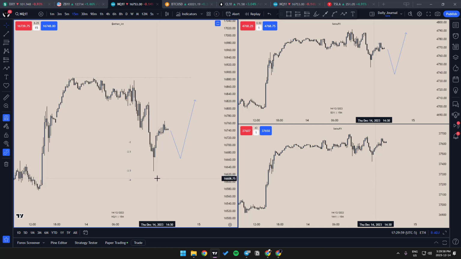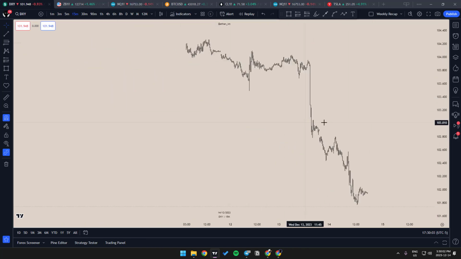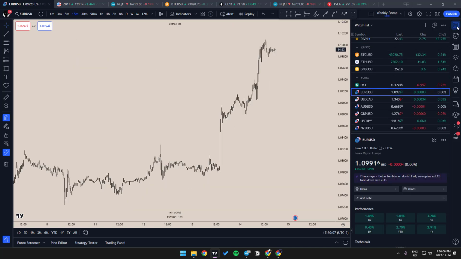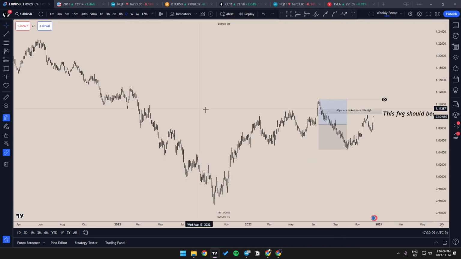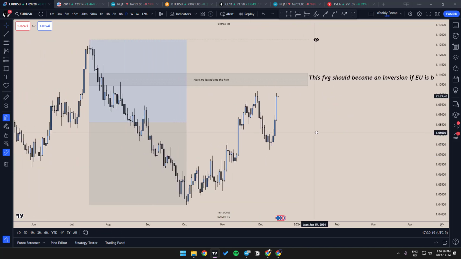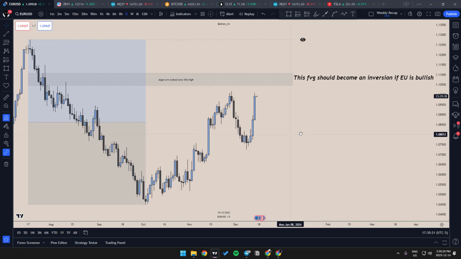Why did the daily fair value gap on Euro USD fail? Let's take a look. How long does it take me to get confident in trading? Honestly, I started becoming consistent after about 6 months of hardcore studying ICT.